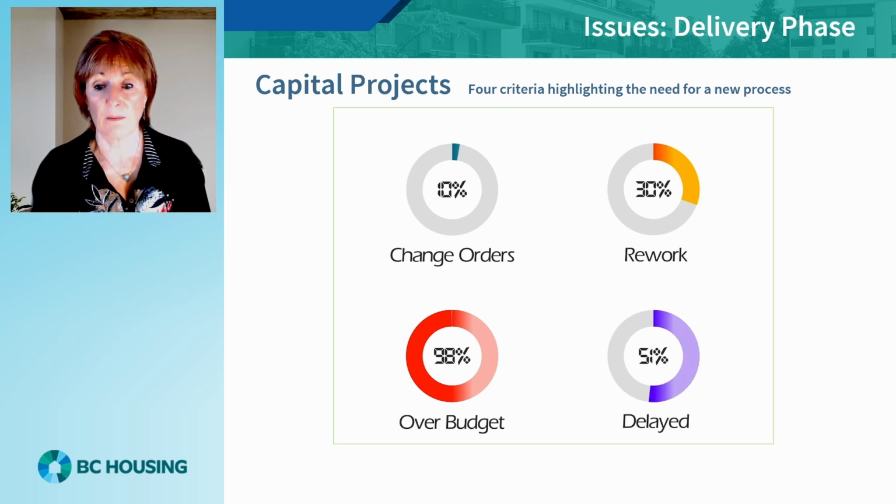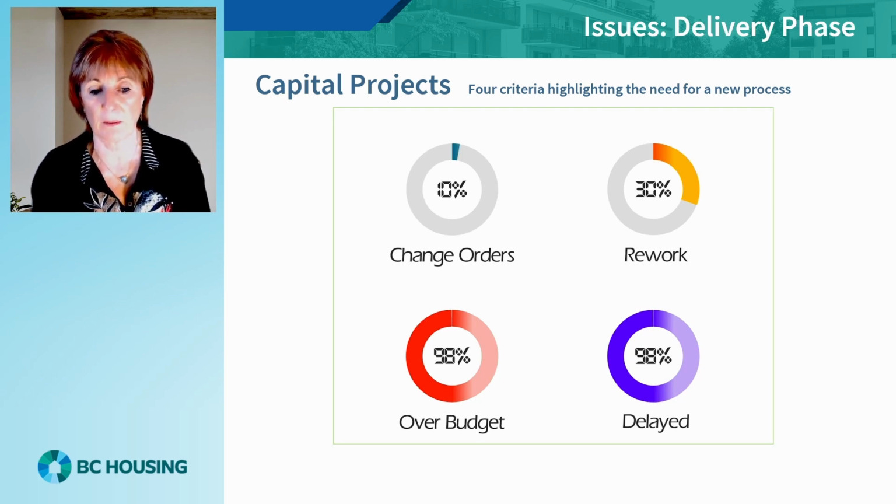As to budget, it's estimated that 98% of all projects end up over budget for a variety of reasons. Perhaps unsurprisingly, a similar percentage also applies to delays or late delivery of projects.